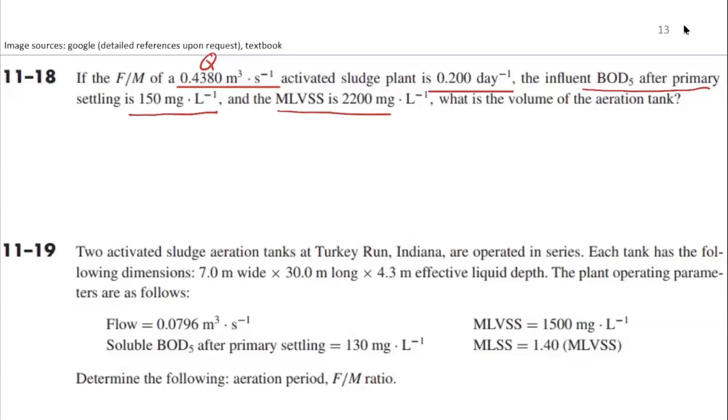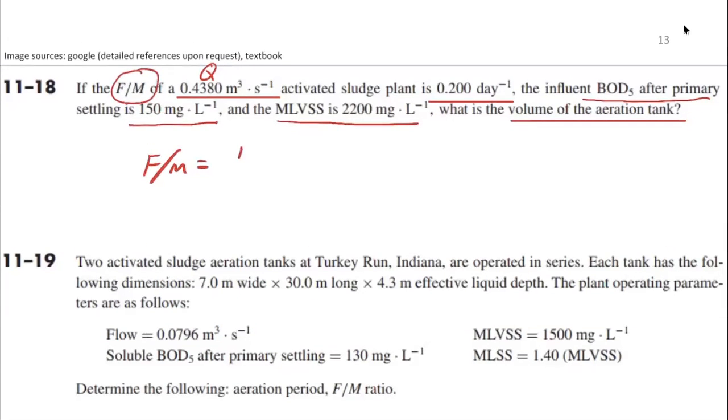The MLVSS is 2200, and it wants us to calculate the volume of the aeration tank. If it involves anything about F over M, we just write out the definition, okay? So that's going to be the BOD multiplied by Q divided by the MLVSS multiplied by volume.